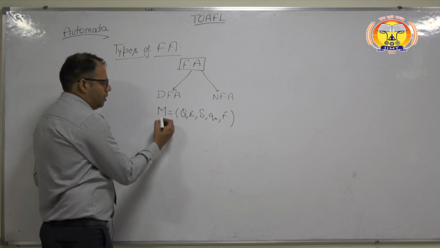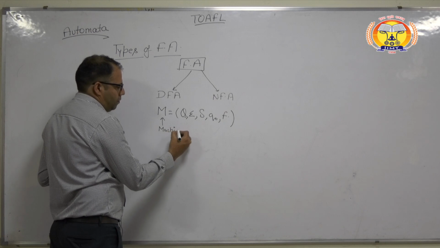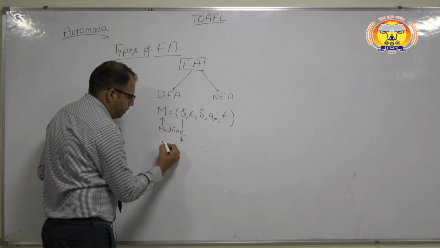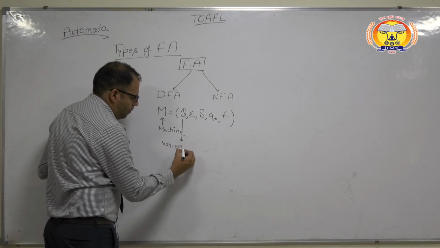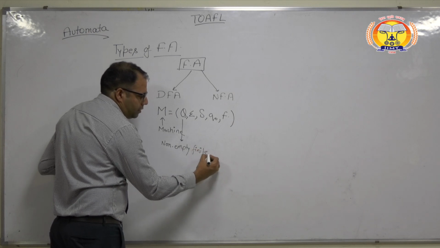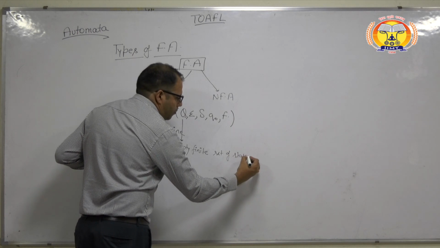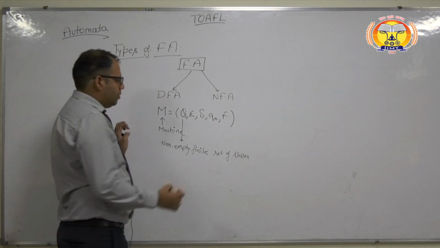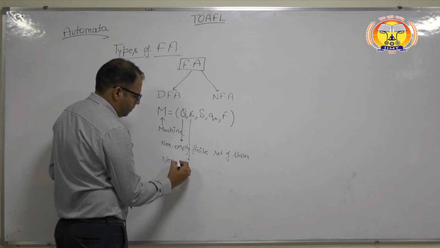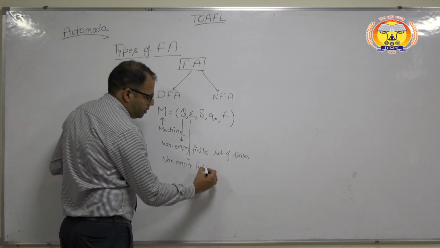Now where M is the machine, Q is the non-empty finite set of states. Sigma is the non-empty finite set of input symbols.